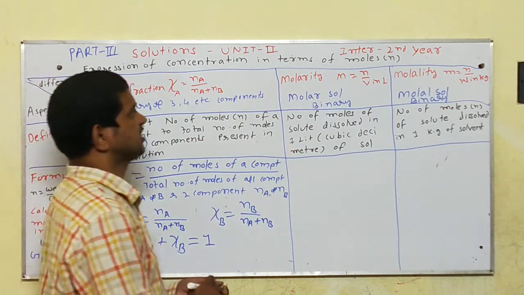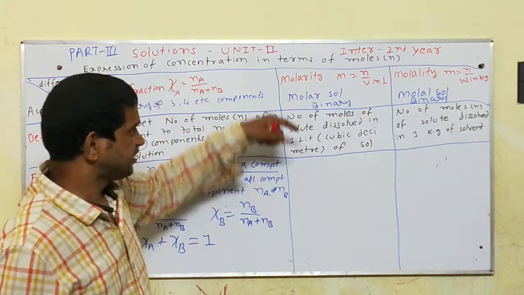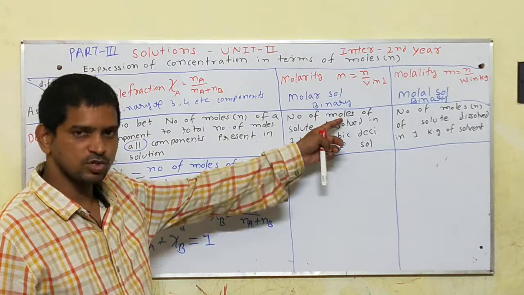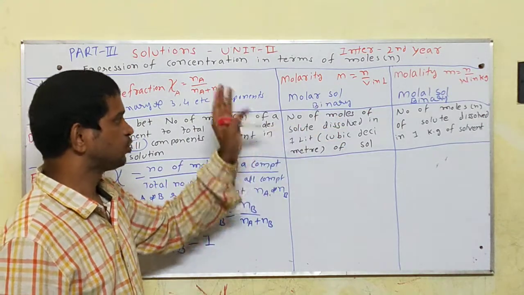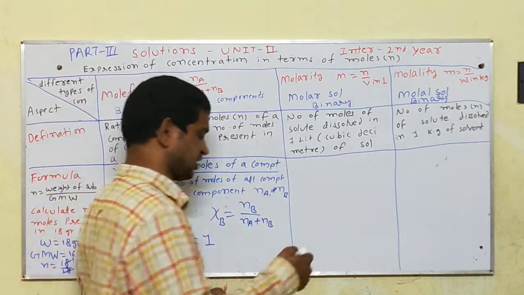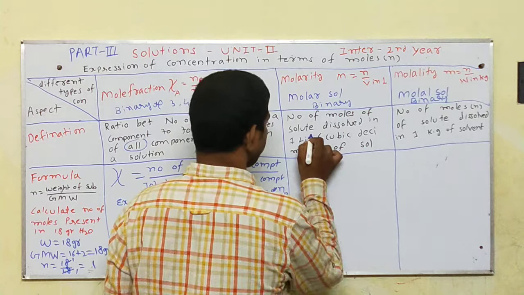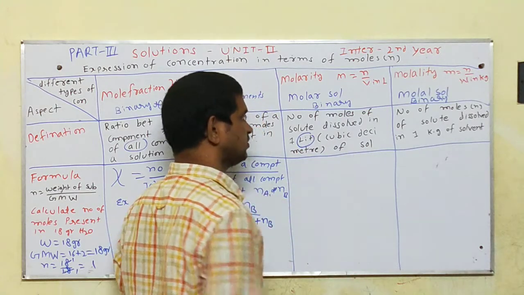Now we'll discuss molarity. It is defined as the number of moles of a solute dissolved in 1 liter or cubic decimeter of solution.